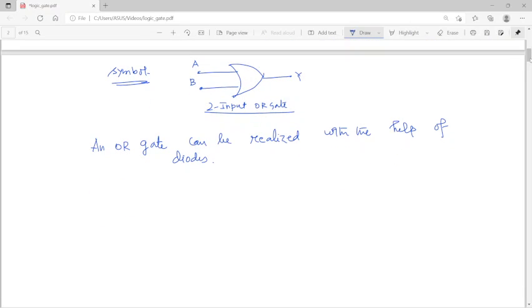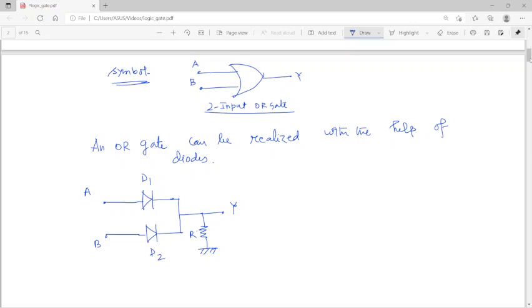Say this is A, and I am putting a diode D1 here. This point is B, and I am putting another diode D2. Both are connected to a resistance R, and I am getting the output Y from that.